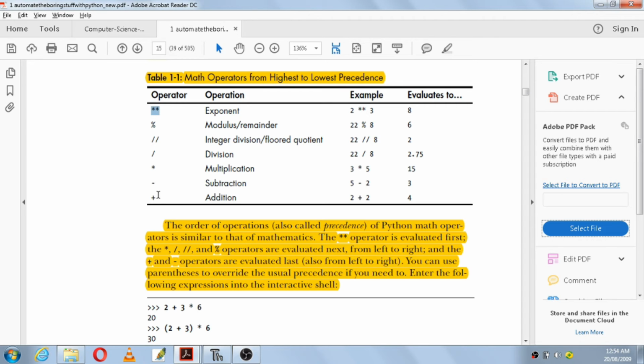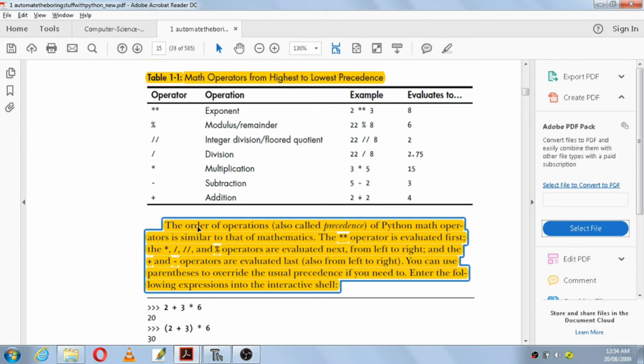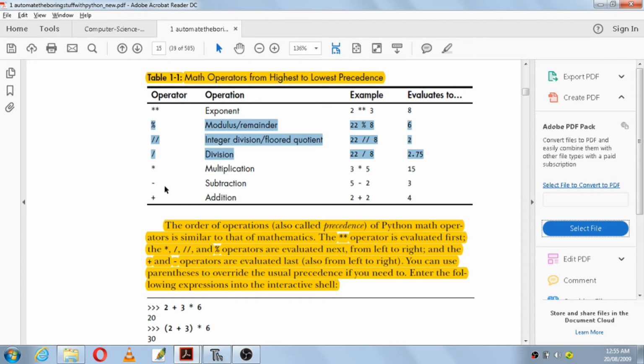Then the next priorities are given to asterisk, slash, double slash, and percentage. The double asterisk operator is evaluated first, and the asterisk, slash, double slash, and percentage operators are evaluated next. That means the next preference is given to these 4.